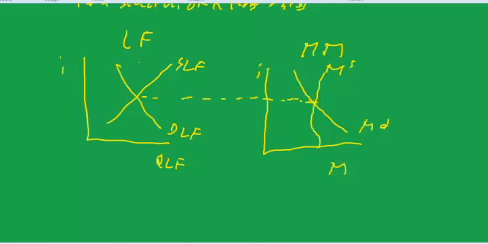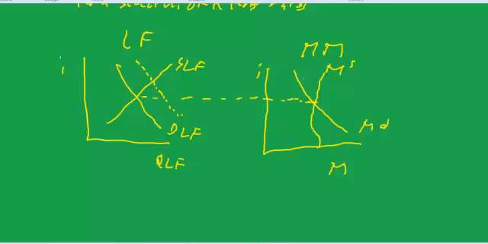Those will increase the demand for loanable funds. So we'd shift to the right. Generally, increases in things on economics diagrams involve shifts to the right. So just think in terms of shifting things to the right anytime we talk about an increase. So we shift the demand for loanable funds to the right.